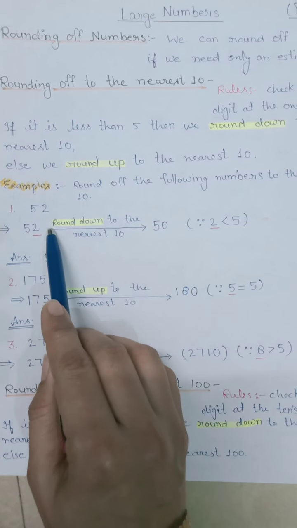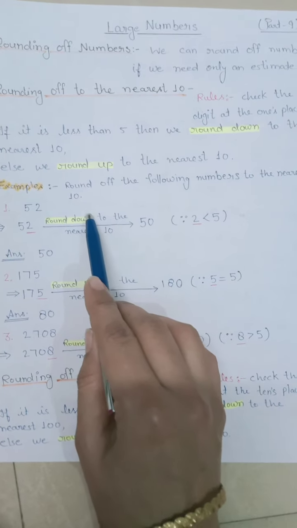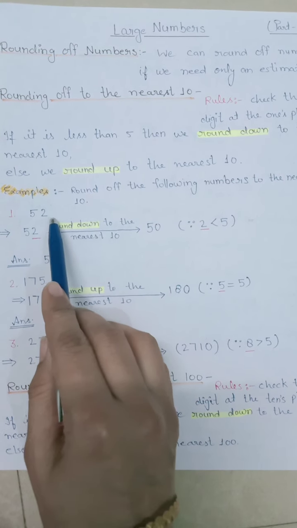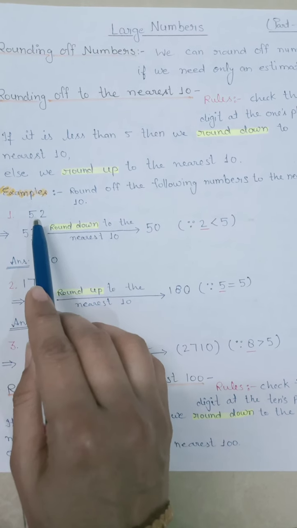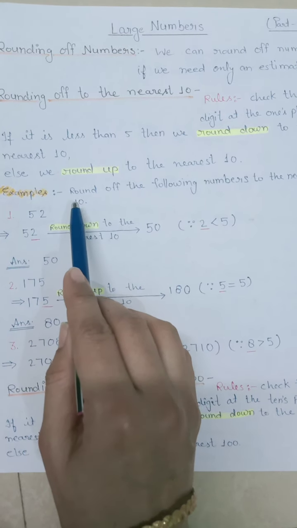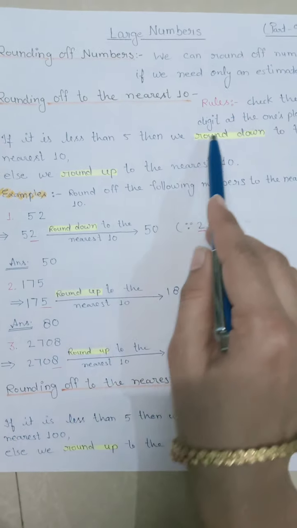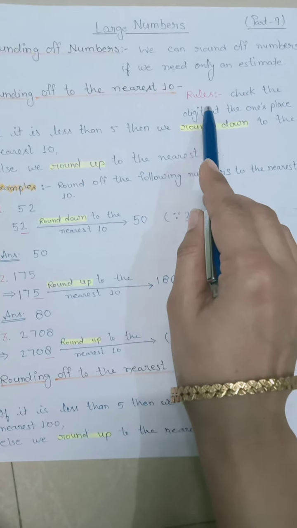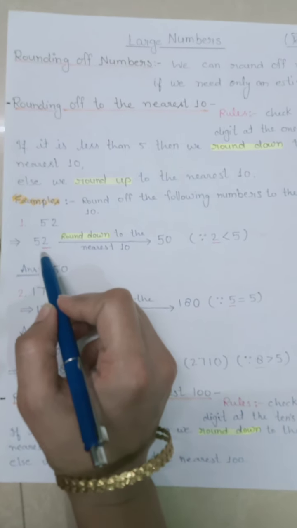Look at the first example: round off the following numbers to the nearest 10. The first example is 52. As all of you know, we have to round off the given number to the nearest 10. So what does our rule say? First check the digit at the ones place.